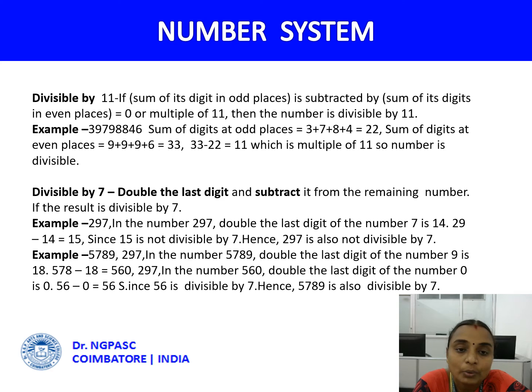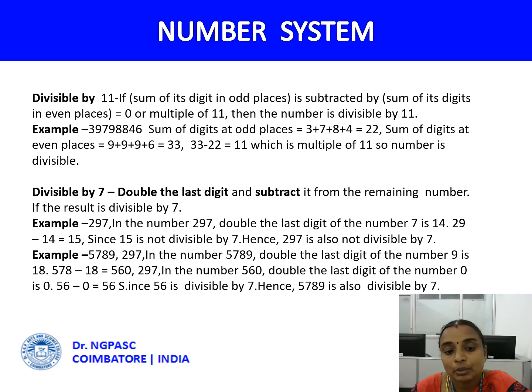For 11, how can we identify? The sum of its digits in odd places is subtracted from the sum of its digits in even places. If the value is 0 or a multiple of 11, we can say that number is divisible by 11. If it is not, that number is not divisible by 11.